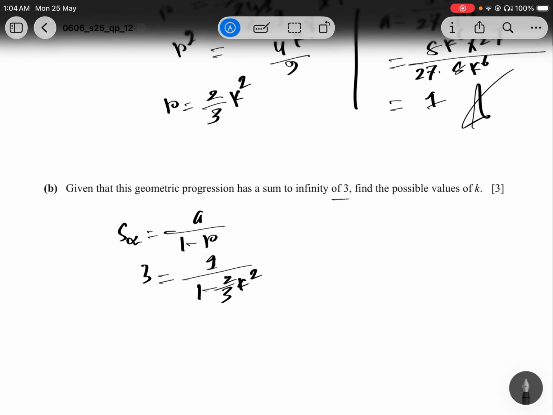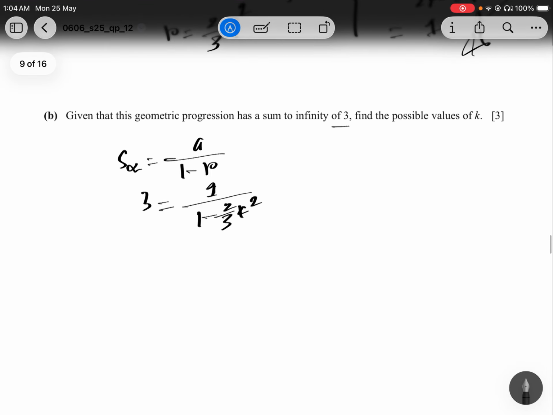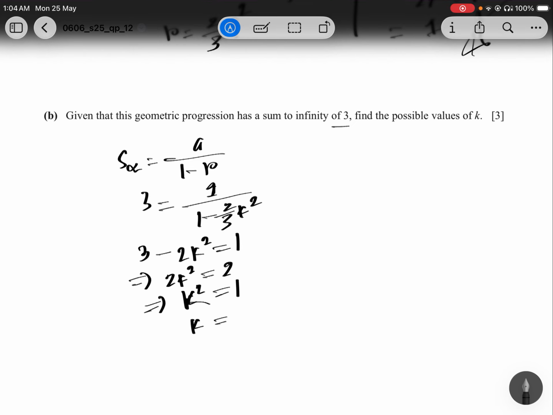And here it is 3. Now 3 minus 3, 3 gone. 2k square is equal to 2. K square is equal to 1. K value is plus minus 1. Yeah, this is the result.